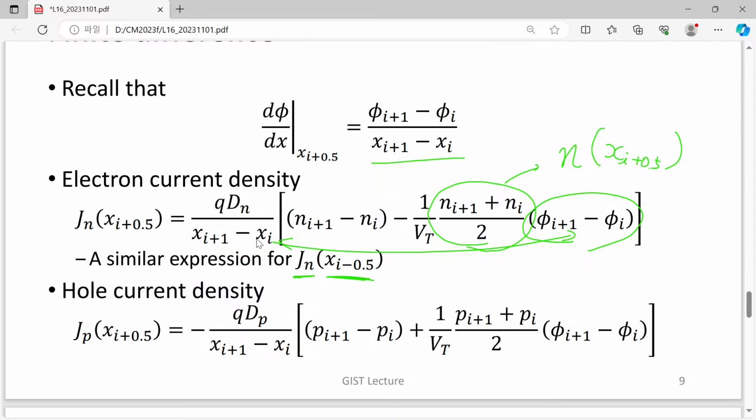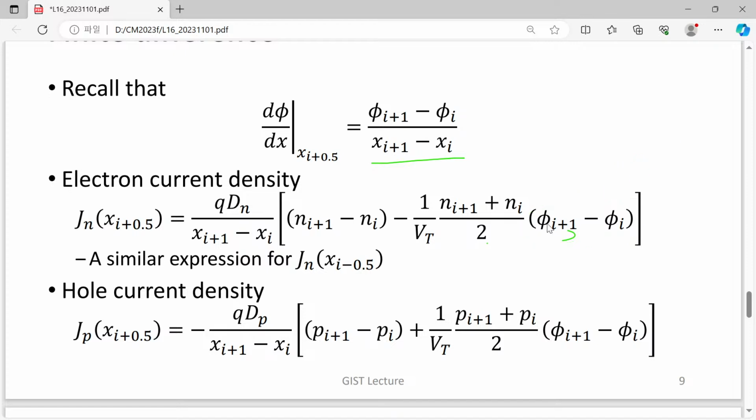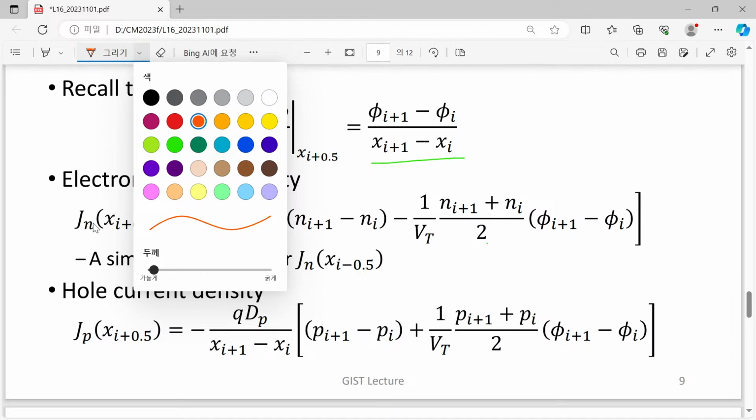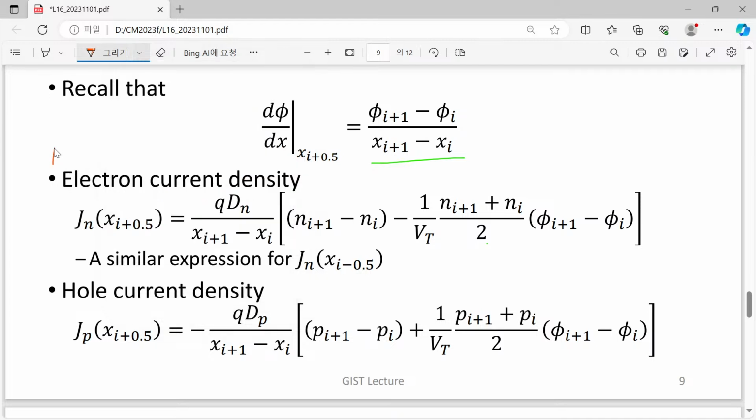So can you do it correctly? Please try to write it down. Most of you, actually all of you, have a tablet, so please try to do your equation. Please write it down, not just look at my slide.